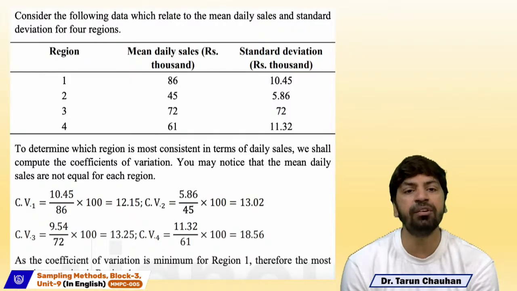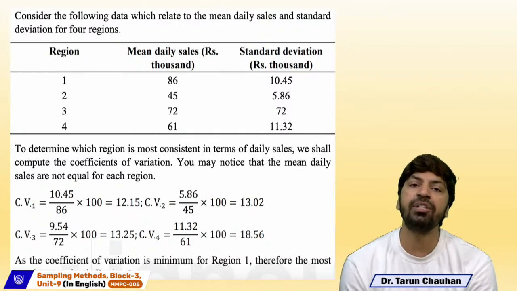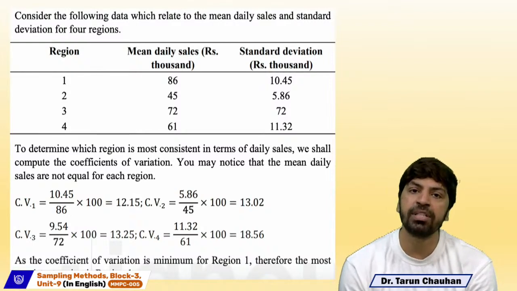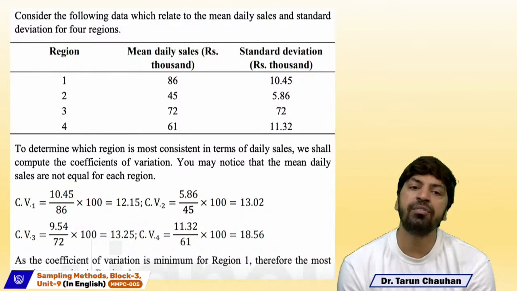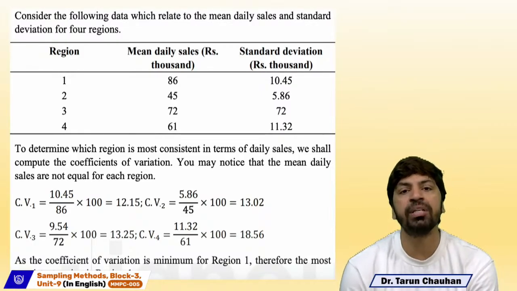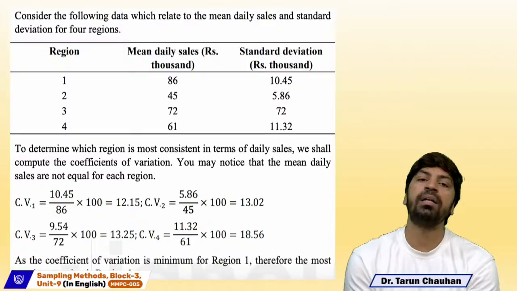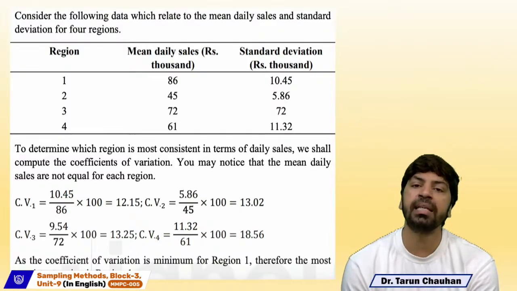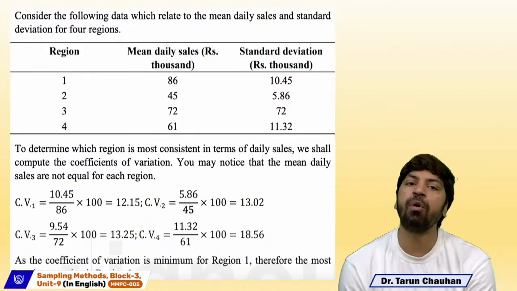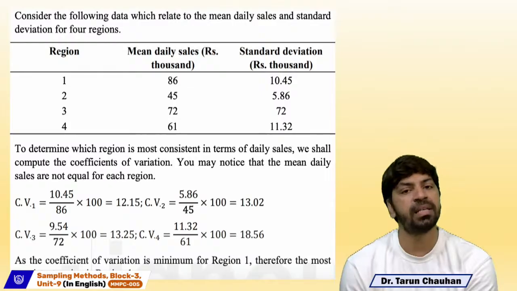For region 3, that is standard deviation 9.45 by 72 into 100, that is 13.25, and for region 4, 11.32 by 61 into 100, that is 18.56. The standard deviation for the third region is 9.54 rather than 9.45, with mean 72.